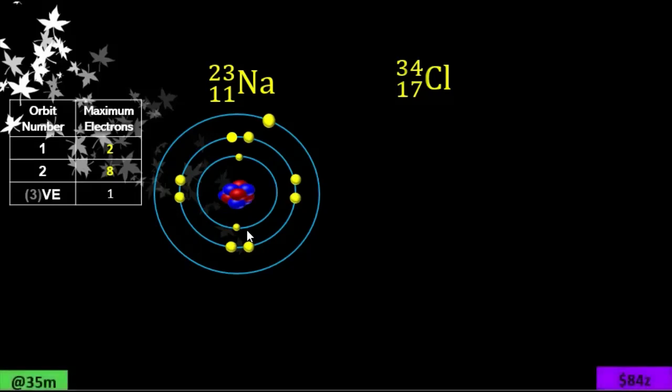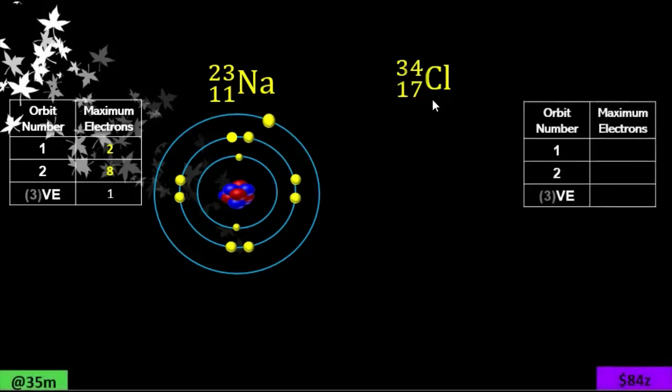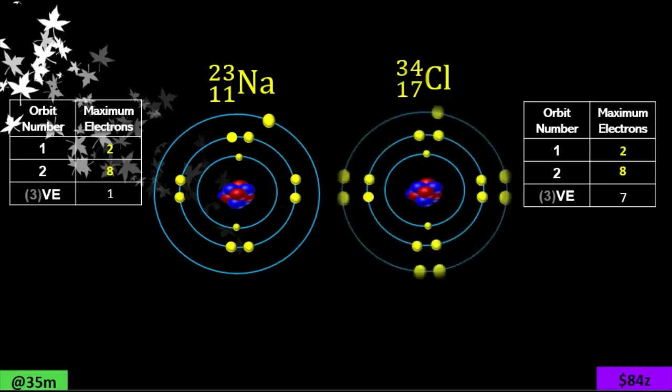So this is the atomic structure of sodium. Let's have chlorine. We had this in our previous lesson. Chlorine has 2 electrons in the first shell and 8 in the second shell. The valence electrons on the third shell are 7, and adding the electrons per shell gives 17. So we have 17, and let's have an illustration. We have 7 electrons on the last shell.